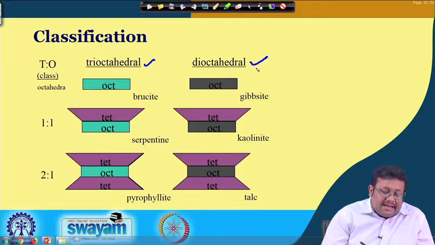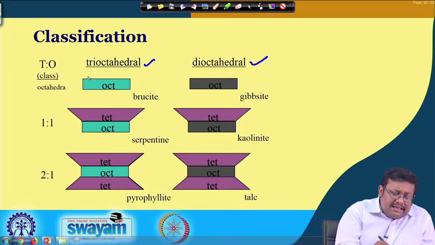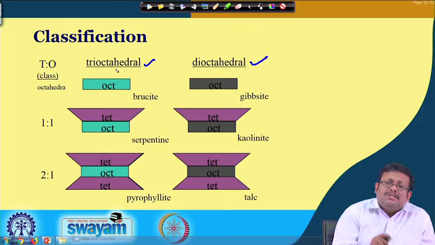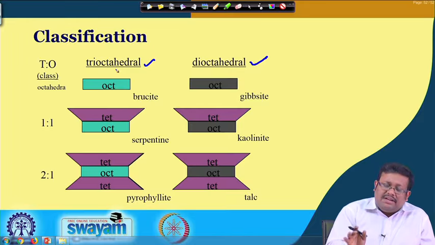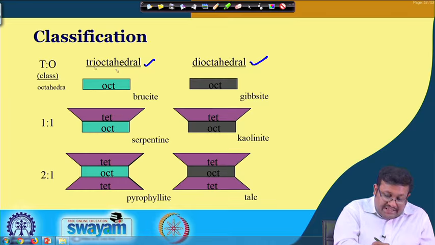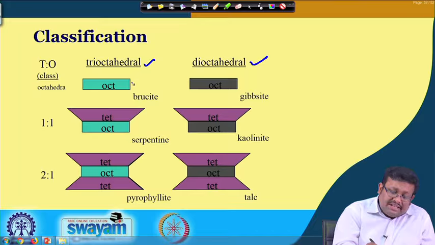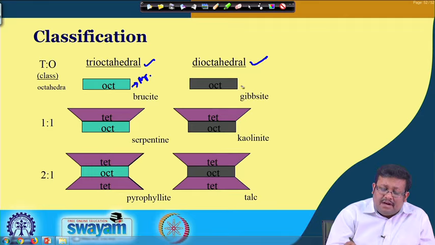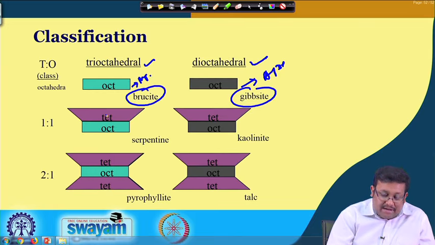If a mineral only consists of an octahedral sheet, with no tetrahedral sheet, in case of trioctahedral it will be composed of magnesium, and in case of dioctahedral structure, it will be composed of aluminum 3+, as I have already told you. Examples are gibbsite, Al(OH)3, and brucite, which is magnesium hydroxide.